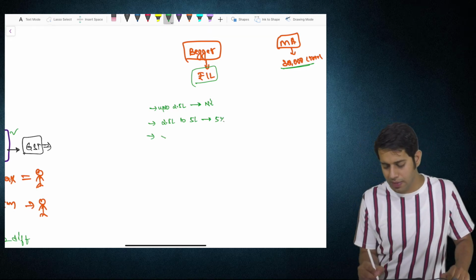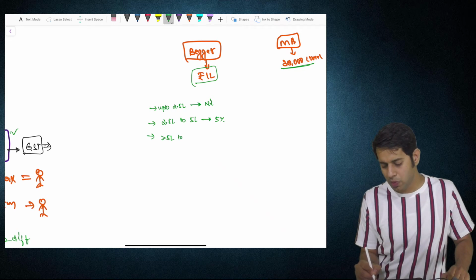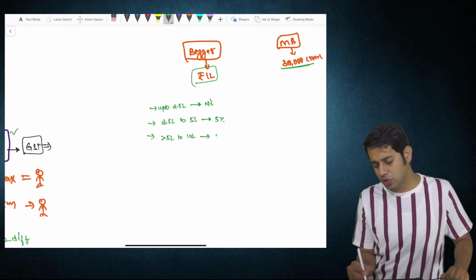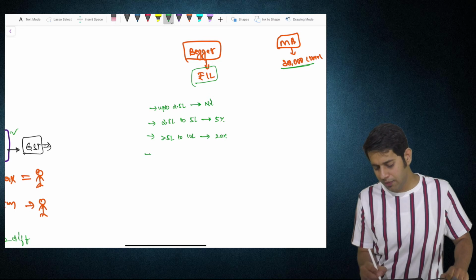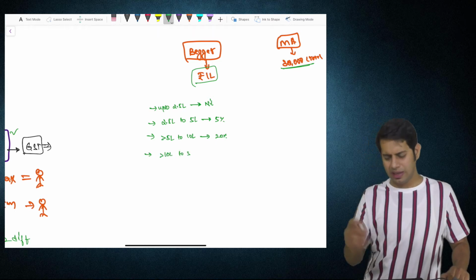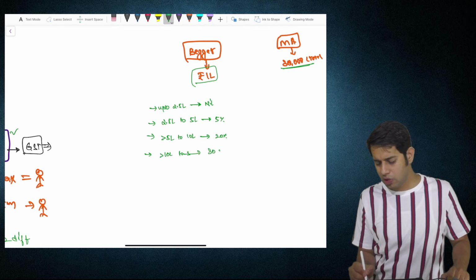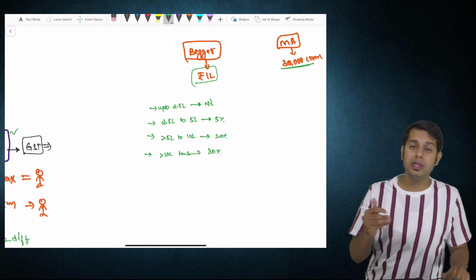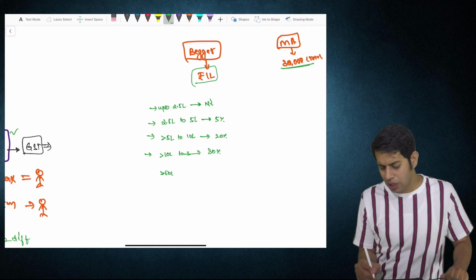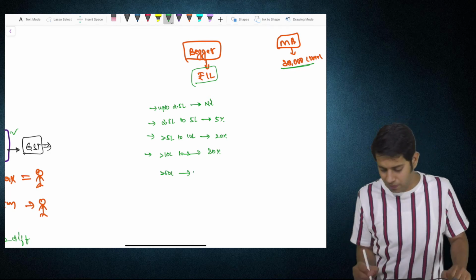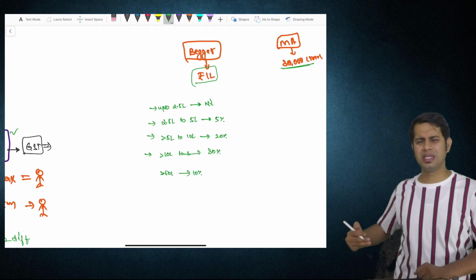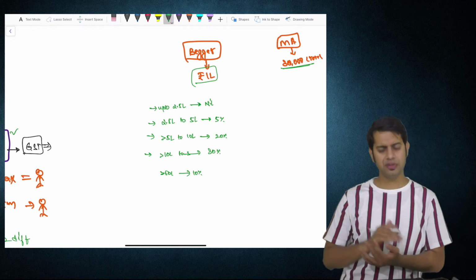If your income is more than 5 lakhs up to 10 lakhs, the tax you are required to pay is 20%. If it is more than 10 lakhs, whatever the amount, the tax you have to pay is 30%. Once it crosses 50 lakhs or 1 crore, you will have to pay surcharge also. Some provisions are there under income tax which you learn under income tax.